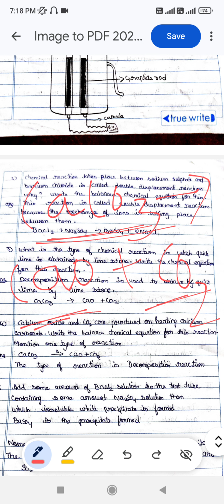Third question: quicklime is obtained from limestone, write down the chemical reaction. Which kind of reaction is it? Decomposition reaction.